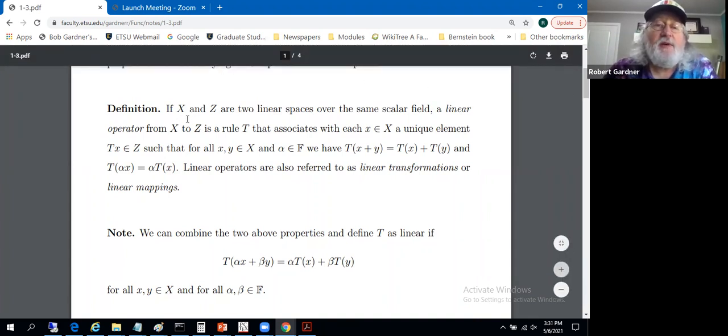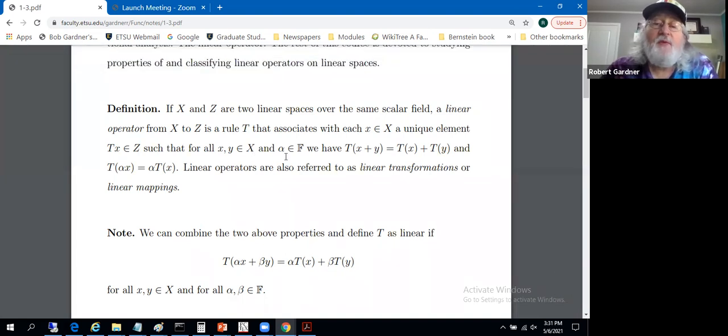So first definition: if X and Z are two linear spaces over the same scalar field, a linear operator from X to Z is a rule, capital T, that associates with each lowercase x in X, so each vector in set X, a unique element, T of x in Z. It's an element of Z, so that's a vector as well, such that for all vectors lowercase x and lowercase y in linear space capital X, and for all scalars alpha, we have two things holding: T of x plus y equals T of x plus T of y, and T of alpha x equals alpha T of x.